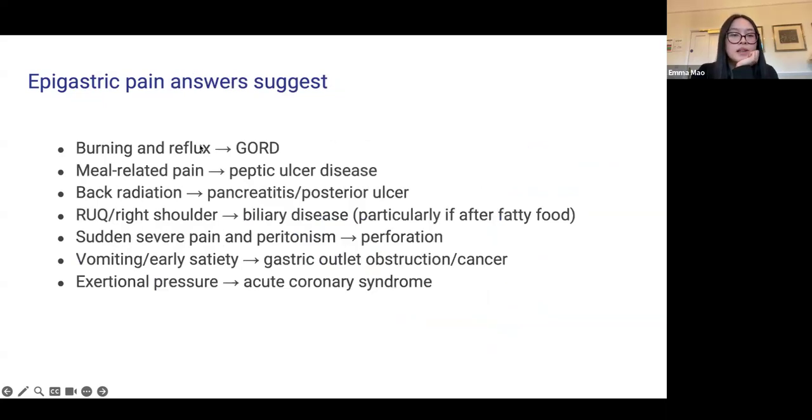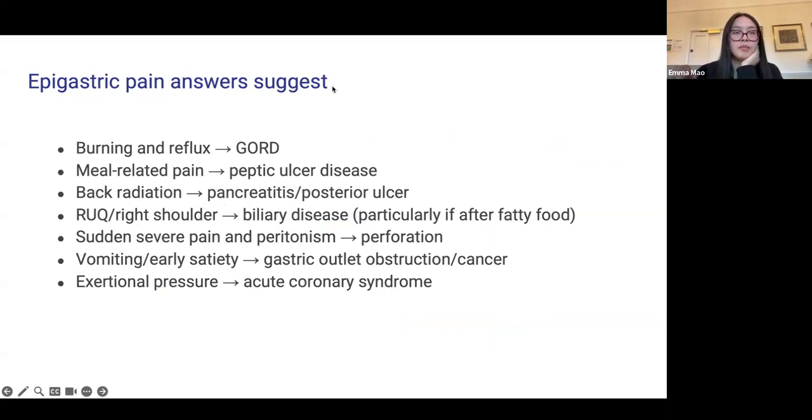Okay, so burning and reflux suggests gastroesophageal reflux disease, meal-related pain, peptic ulcer disease, radiating to the back, likely to be pancreatitis or a posterior ulcer, but usually it suggests pancreatitis. So any right upper quadrant, right shoulder pain suggests biliary disease because it's in that region.